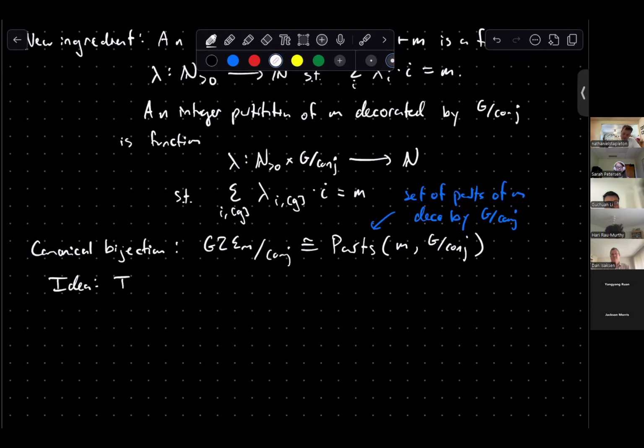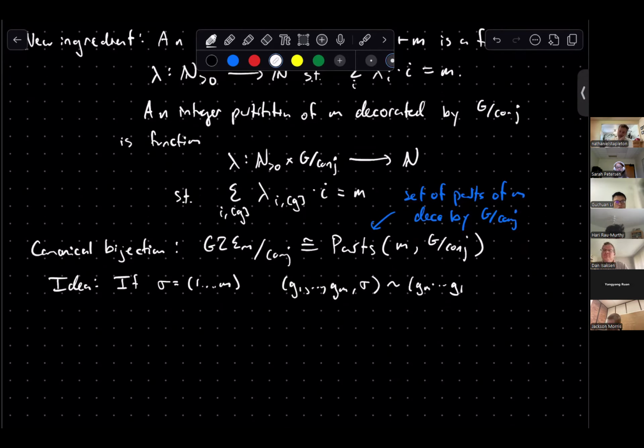The point is that if I have the long cycle in sigma m, and then I take the element g1 through gm sigma in G wreath sigma m, it turns out you can conjugate this to be of the form gm times gm minus 1 all the way down to g1, comma, all trivial elements, comma, sigma. So you can always conjugate an element of this form in G wreath sigma m to be of this form.